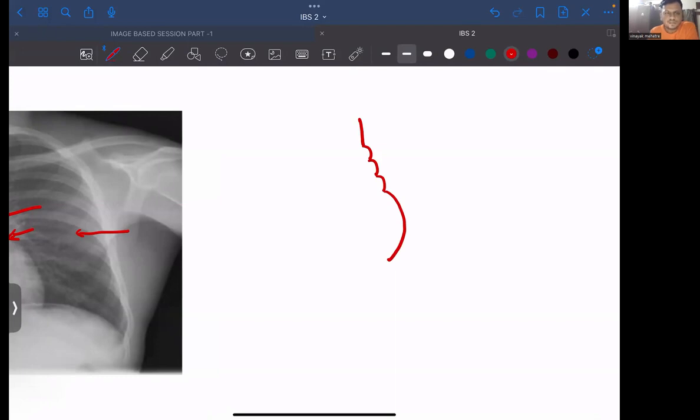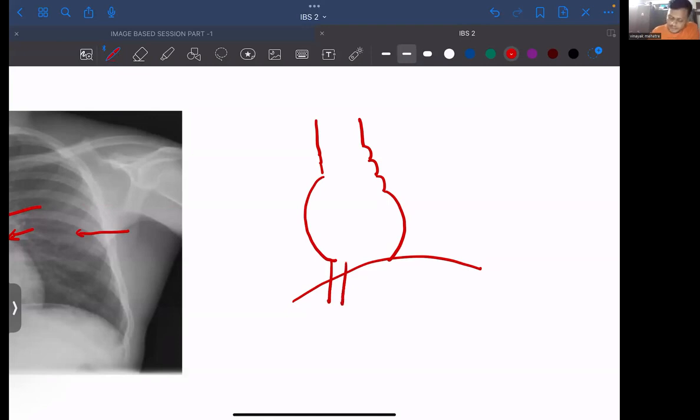Okay, this is going to form the left border of heart, like this, and something comes from down as well.